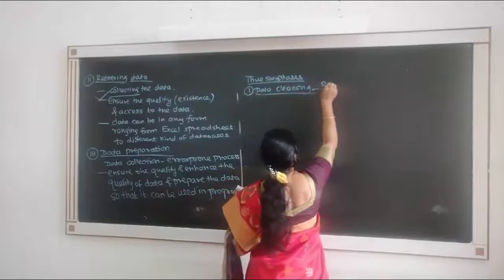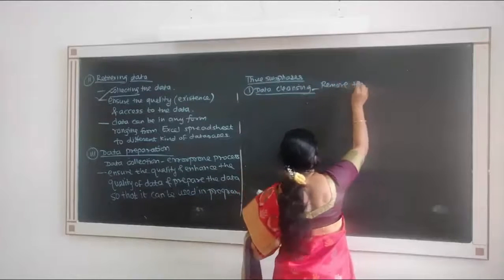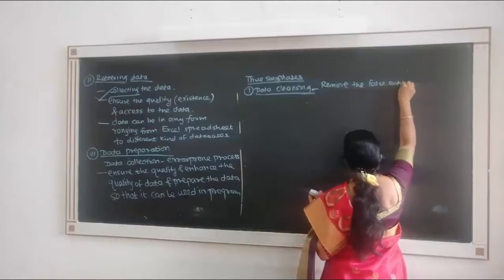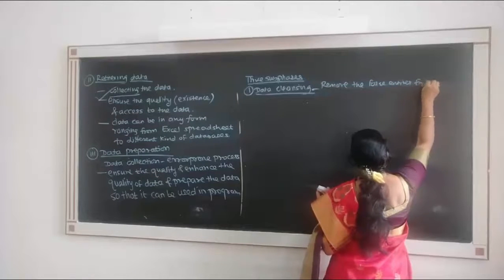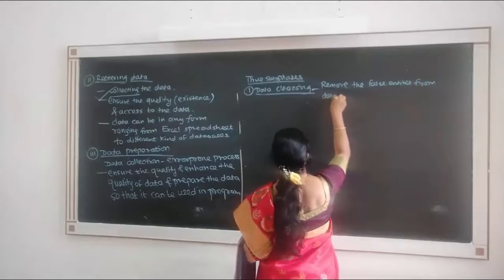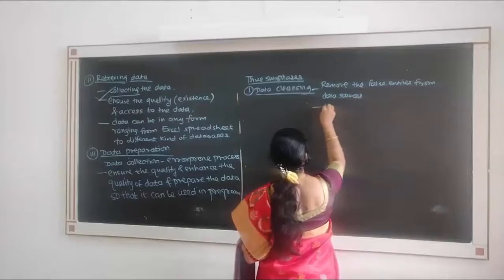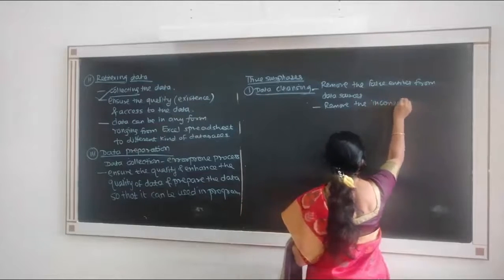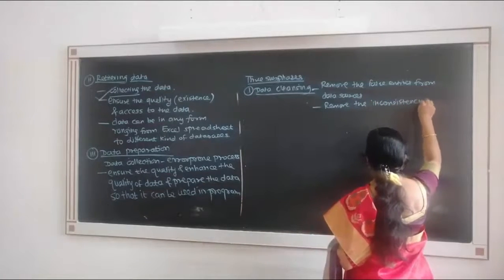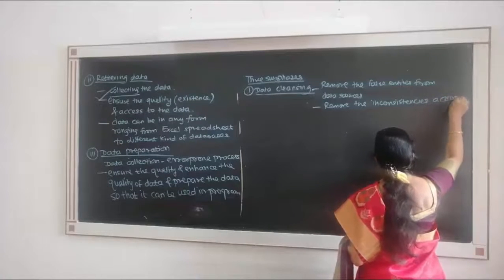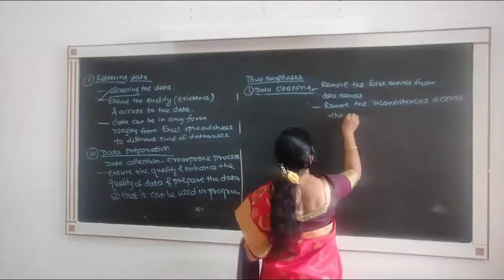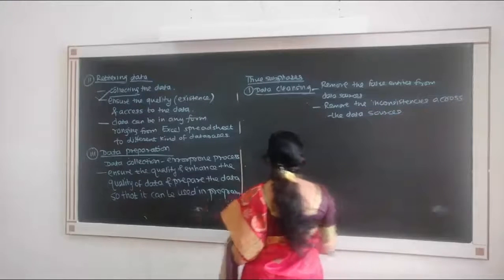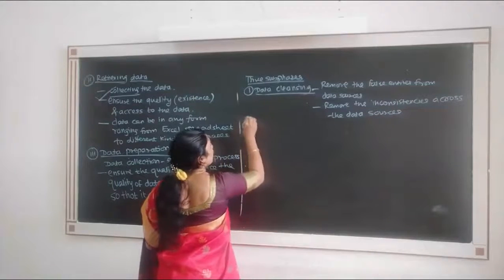In data cleansing, remove the false entries from data sources and also remove the inconsistencies across the data sources, because they are of many types. So that is first subphase, data cleansing.